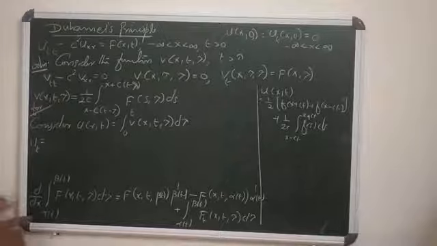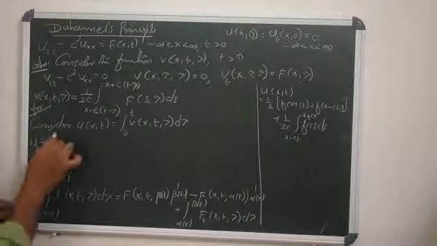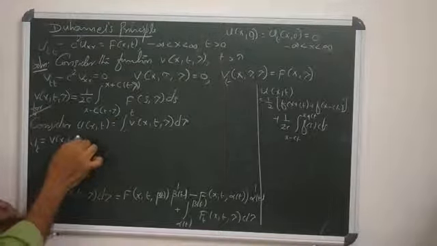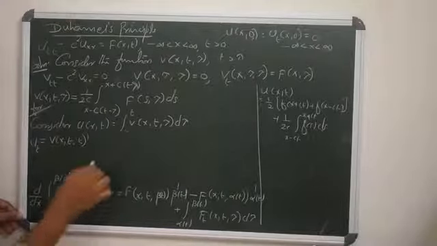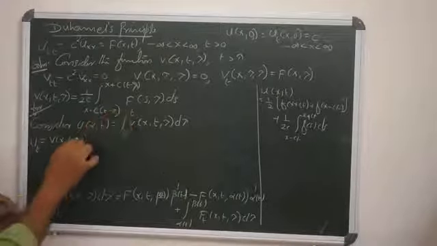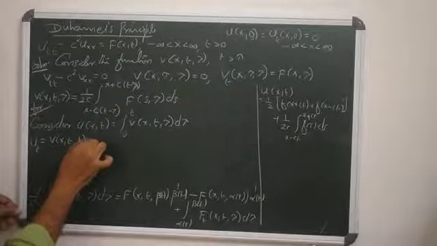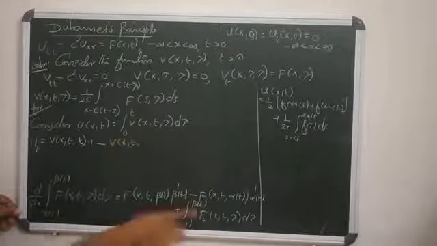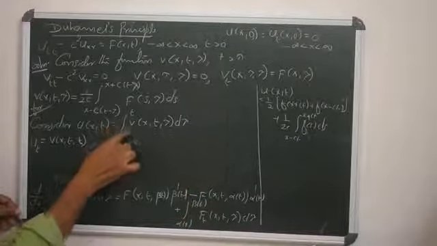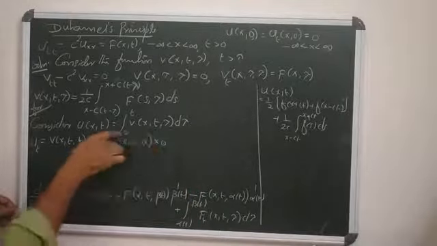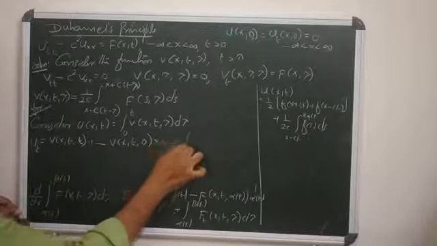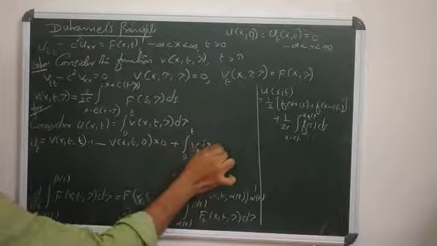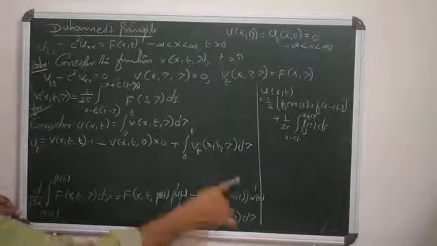So what do you get? u_t equals v(x,t,t), with the upper limit in place of lambda, into beta dash t, the derivative of the upper limit, that is 1, minus v(x,t,alpha(t)) where alpha(t) is 0, into alpha dash t, which is again 0, plus the integral from 0 to t of v_t(x,t,lambda) d lambda according to this argument.